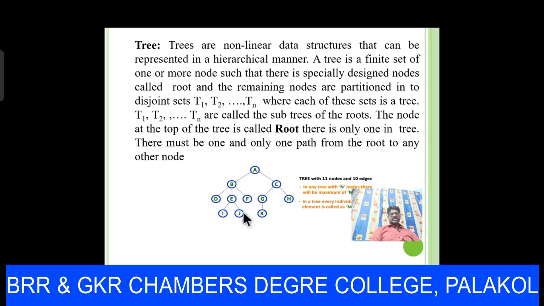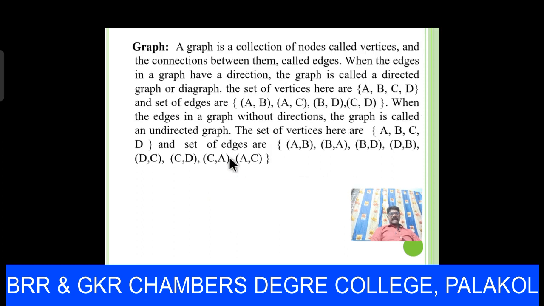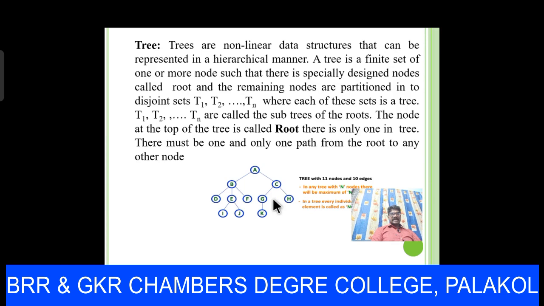The arrangement of data in a tree-like structure, we call trees. Trees are a non-linear data structure that can be represented in a hierarchical manner. What is the meaning of hierarchical manner? A tree-like representation we call a hierarchical manner.